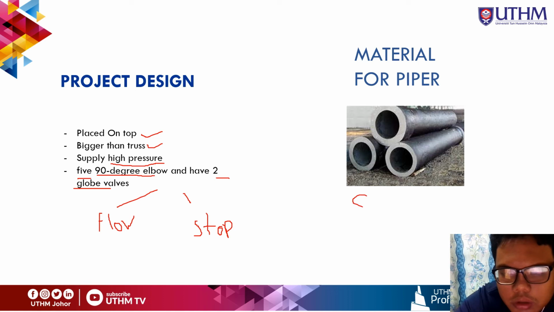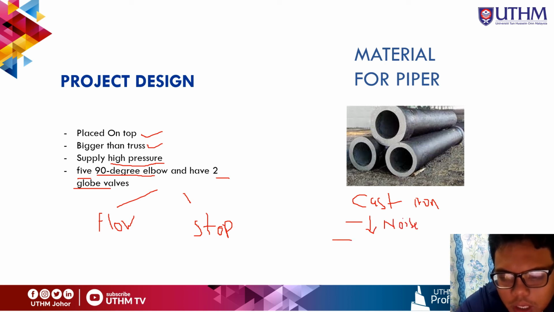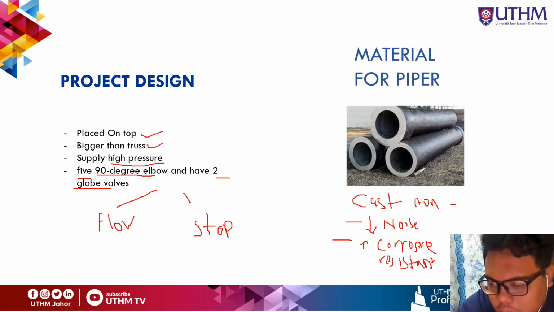Next is the material for the pipe. We chose cast iron as our material of choice, because cast iron is low noise and highly corrosion resistant. Quite surprisingly, it also has better heat resistance.